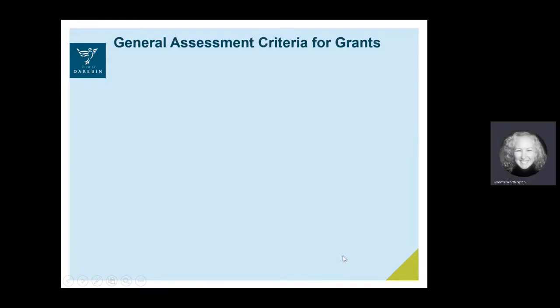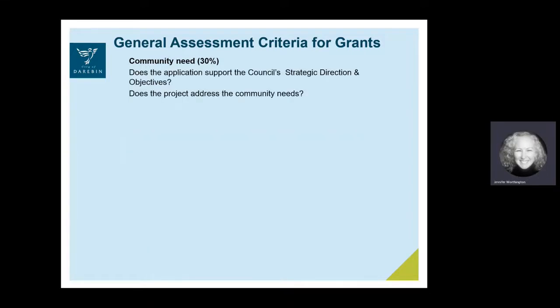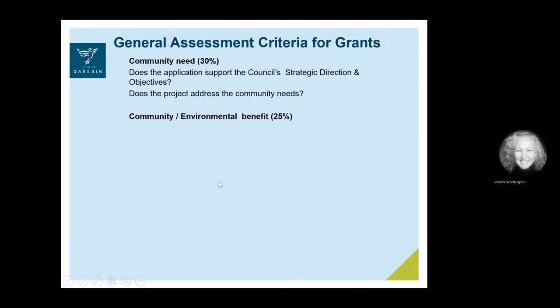So there's a general assessment criteria for grants, and whether it's a small, medium or a youth program grant, in general the assessment criteria is around these things. So community need, so how your application supports council's strategic direction and objectives. Does the project address community needs?